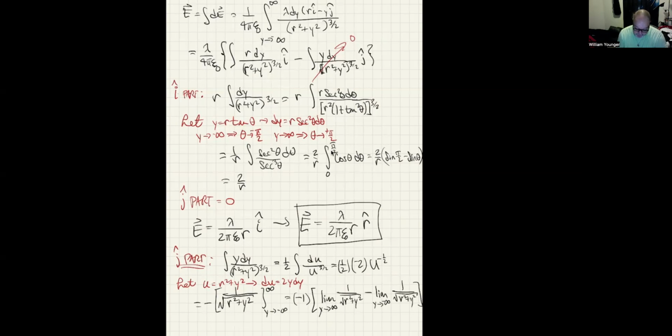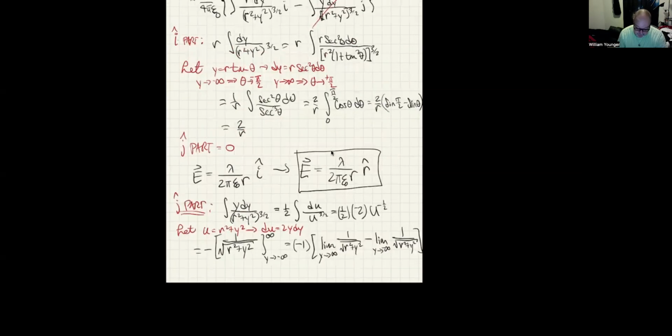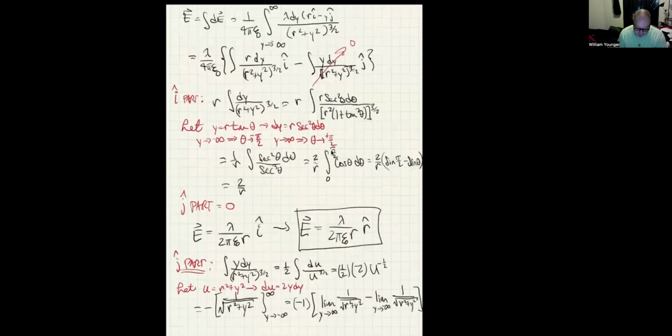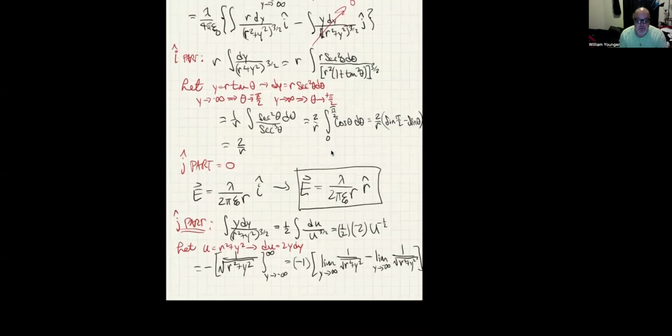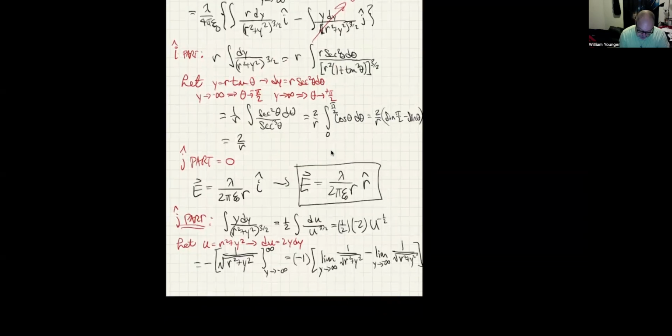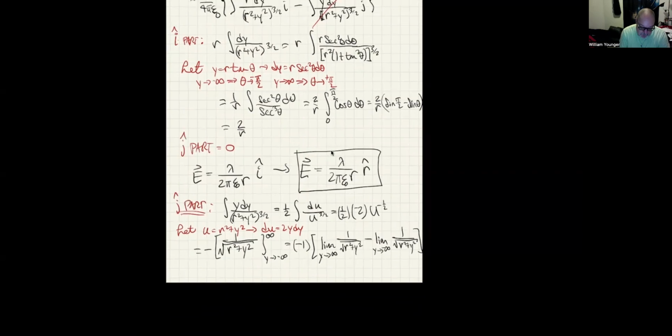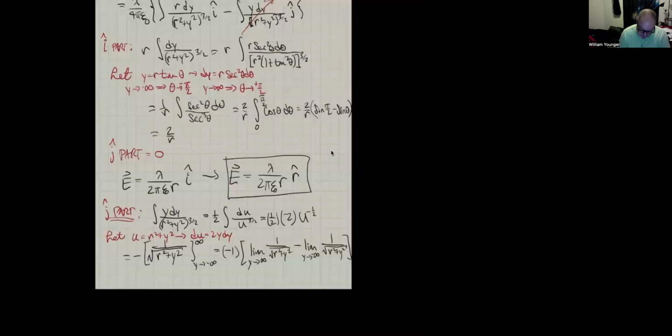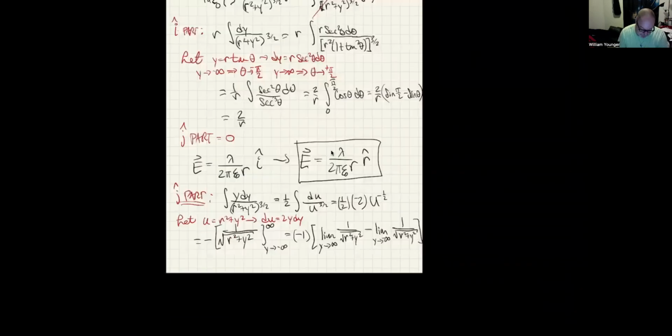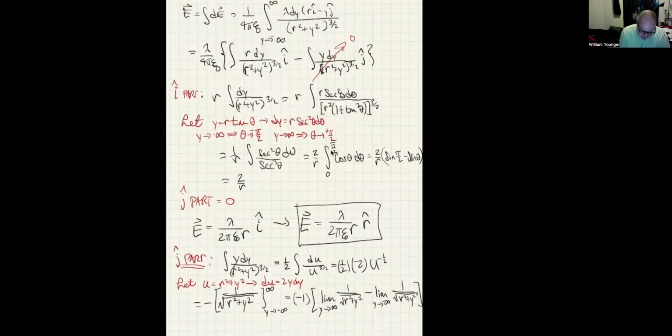And obviously, or hopefully you can tell, obviously these are both 0. So the integral is going to end up being 0 minus 0. So we ultimately get -1 times 0 minus 0 equals 0.